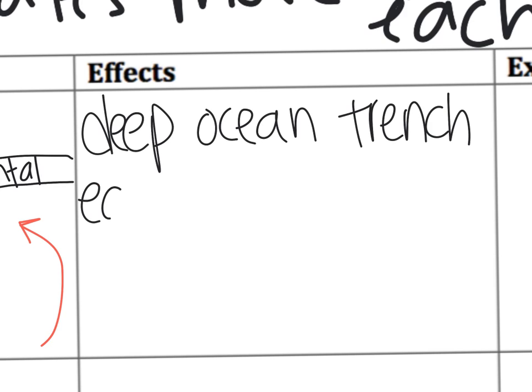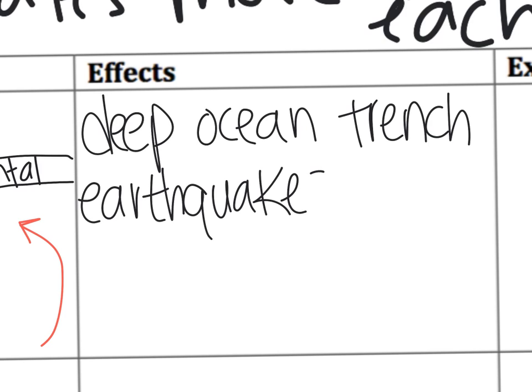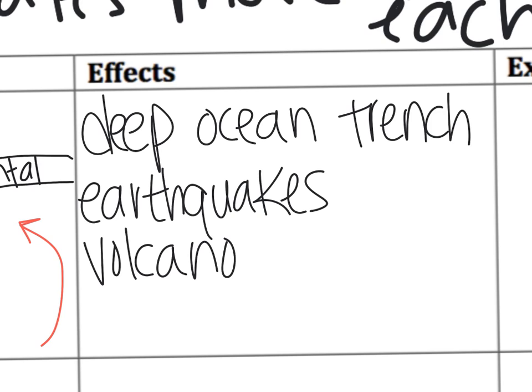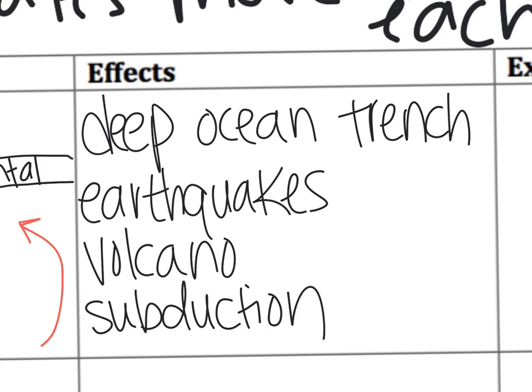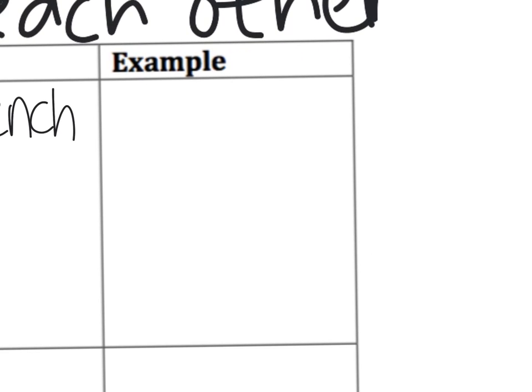So we get earthquakes when there have plates that are moving. We get volcanoes on the continental crust. And then subduction is what's happening at that deep ocean trench. And the example is in Chile, in the Andes Mountains.